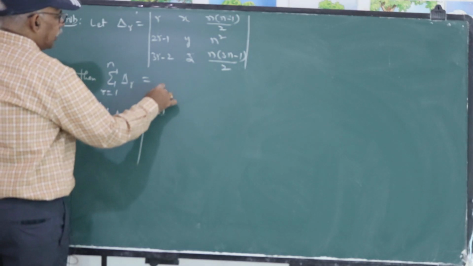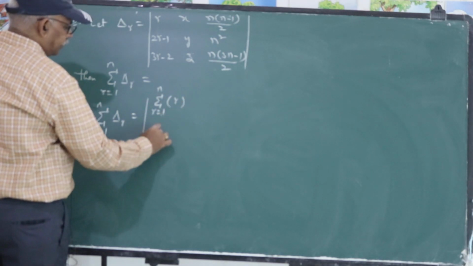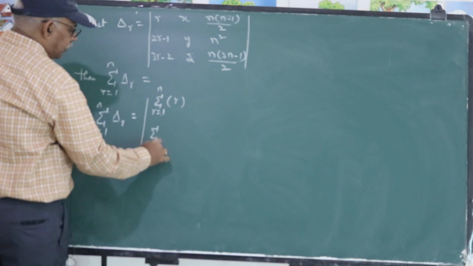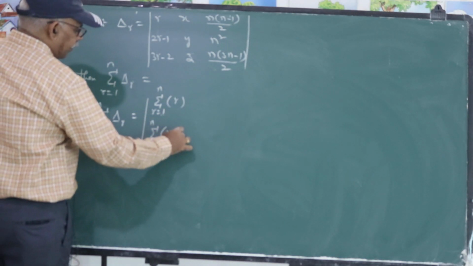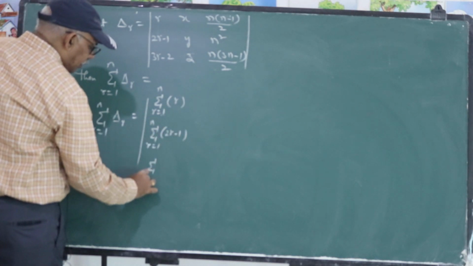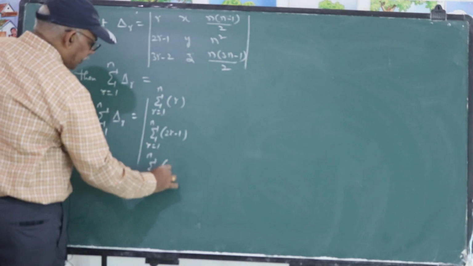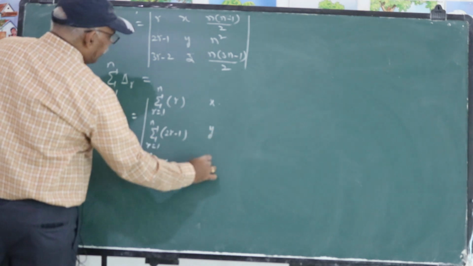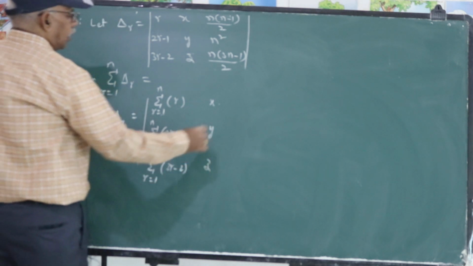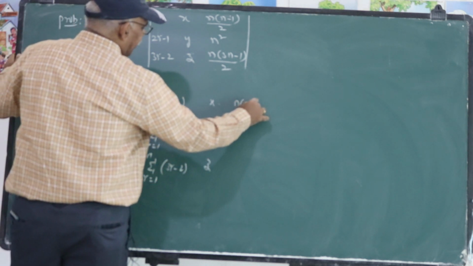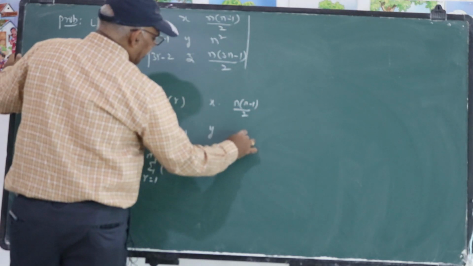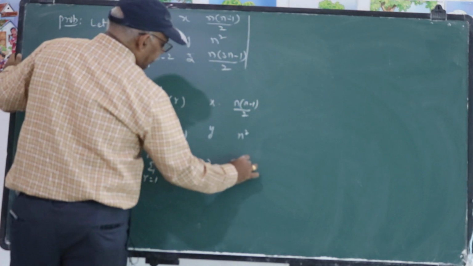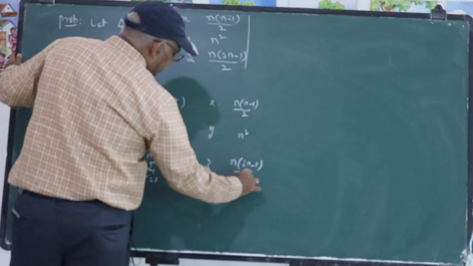Sigma r equal to 1 to n r, sigma r equal to 1 to n 2r minus 1, sigma r equal to 1 to n 3r minus 2. The remaining elements are not affected by the summation because they are independent of r.